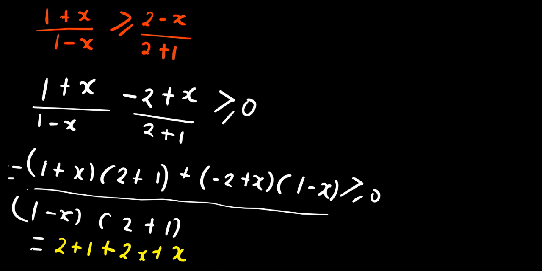You have negative 2 multiplied by everything in the bracket, so you have negative 2, plus 2x, yeah, plus 2x. Then when you multiply x by everything in the bracket, you have x minus x squared. Okay, is there any expression that we've missed?